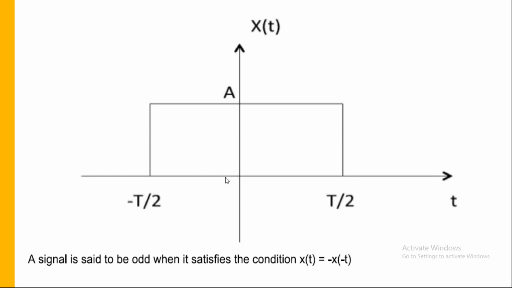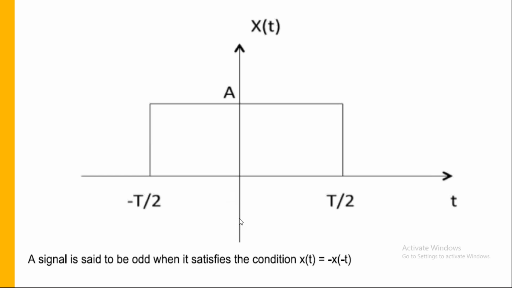That means it is symmetrical about the y-axis. So an even function is always symmetrical about the vertical axis, the y-axis, and such a function we can call an even function.